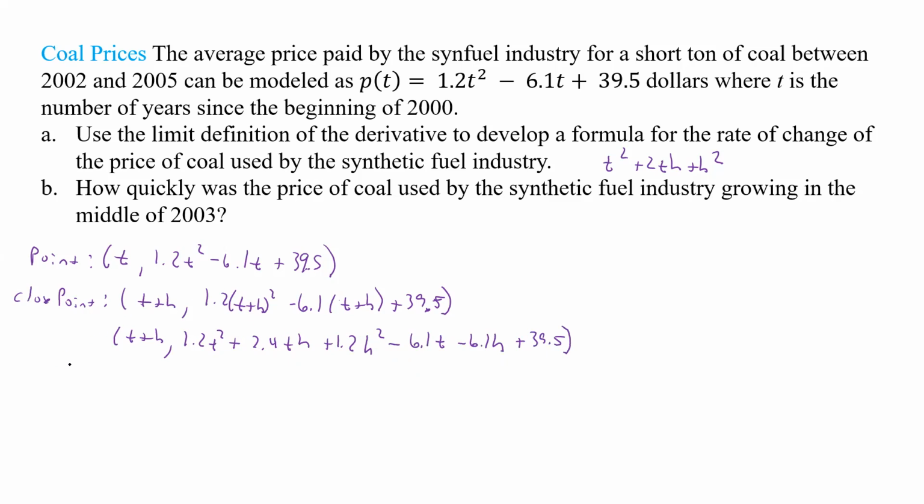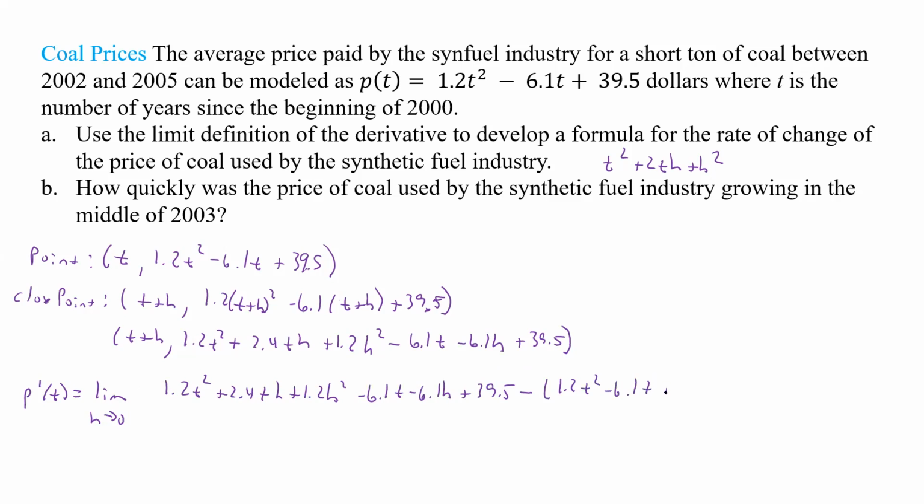So now we need to find p prime of t, which is going to be the limit as h goes to 0 of this whole big thing, 1.2 t squared plus 2.4 th minus this thing. And so that's going to be 1.2 t squared minus 6.1 t plus 39.5. And again, that's all over h.